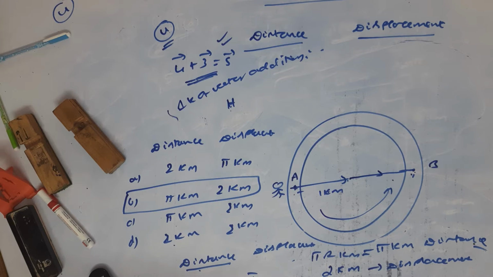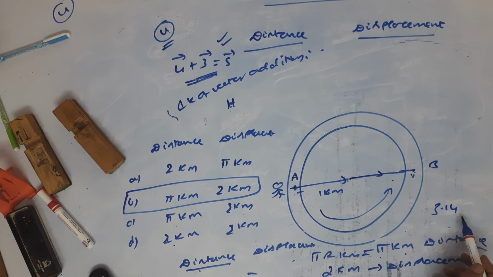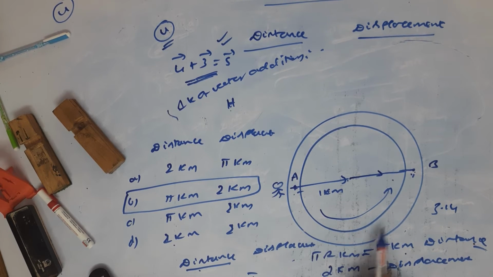Look, observe right here. We say pi kilometer. Can you tell me the value of pi? What is the value of pi? Come on, type your answers. 3.14 divided by 7. Very good. Now can you tell me, is 3.14 greater or is 2 greater?